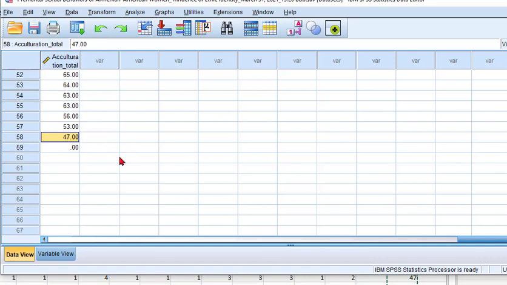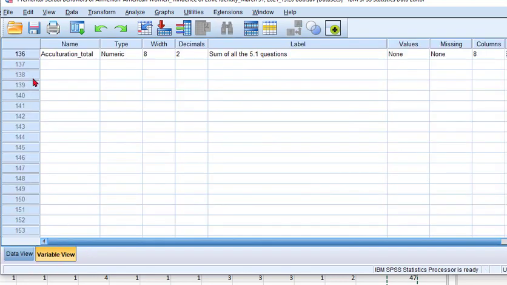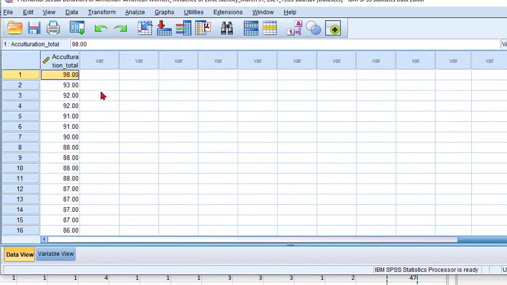Actually, we want to split them into thirds. So from 98 down to 85, that would be roughly 20 people. We would make them group 3, the high group. And then working from the bottom, we would start from 59 and go down to 39.